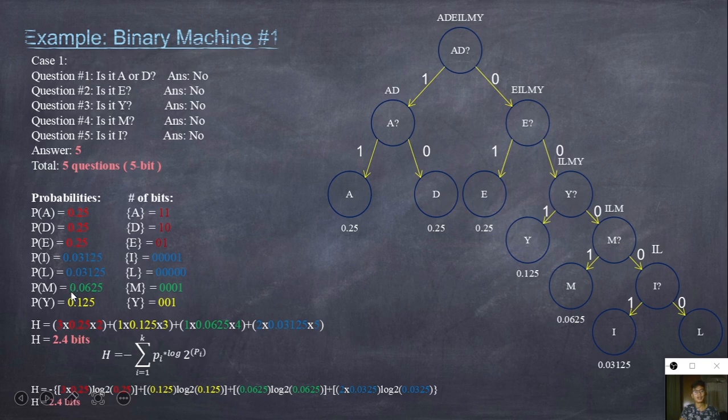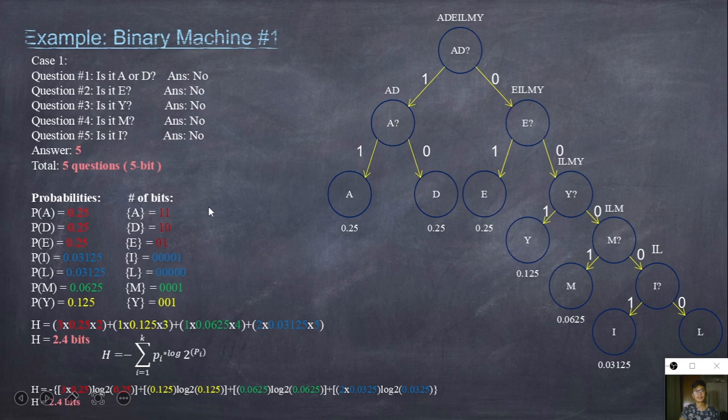M is 0.0625, the only letter that has a probability of 0.0625. Y is 0.125, and it is the only one with 0.125 probability.